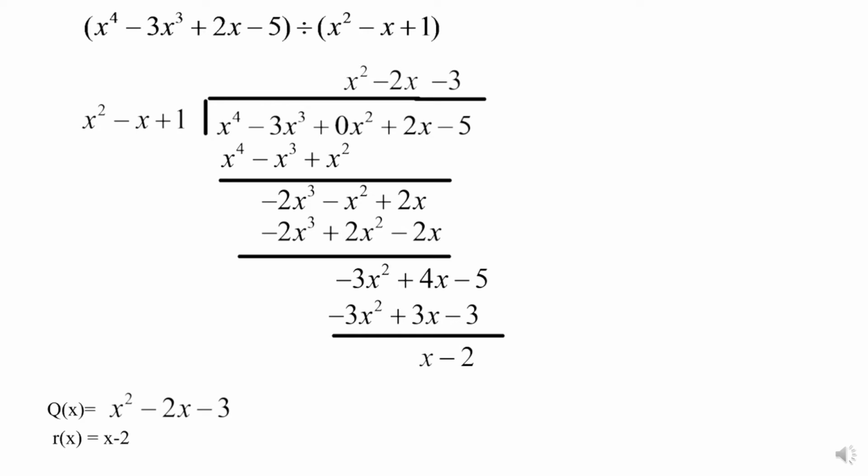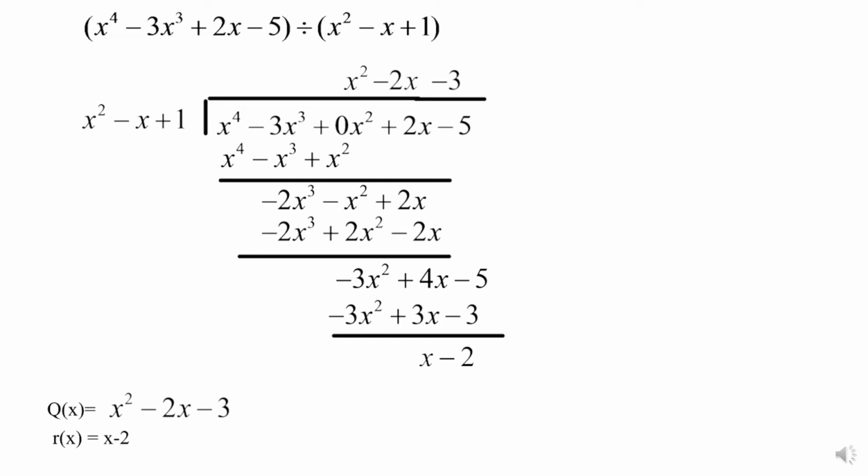The second problem states to find the quotient and the remainder. X to the fourth minus 3x cubed plus 2x minus 5 divided by x squared minus x plus 1. Let's set the problem up as a long division problem.